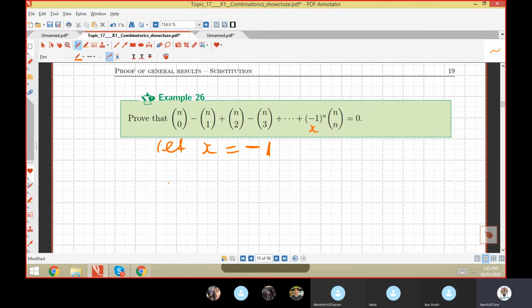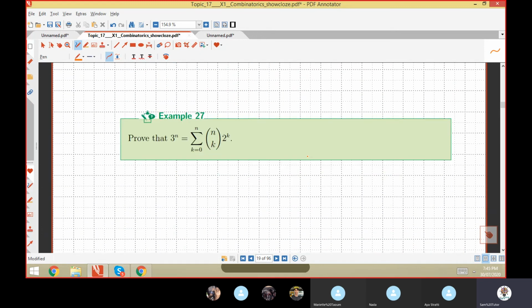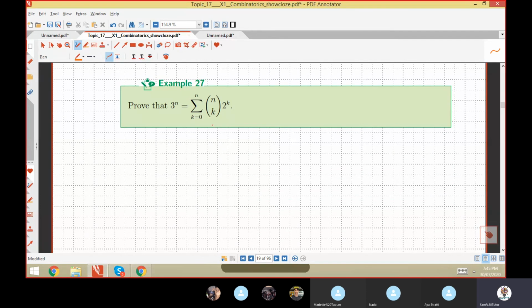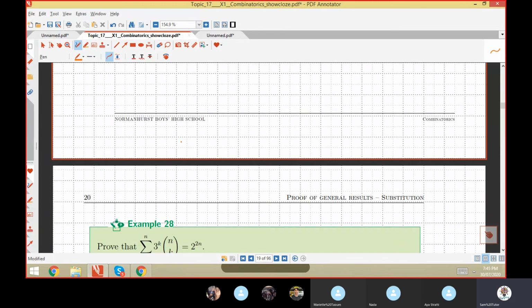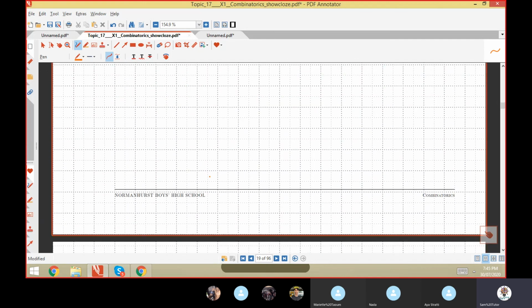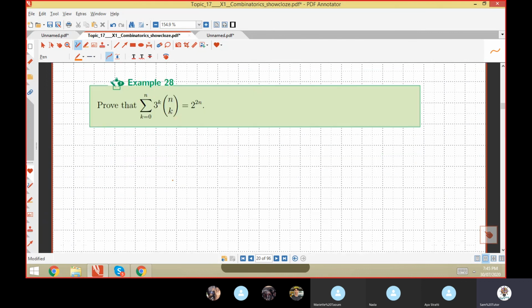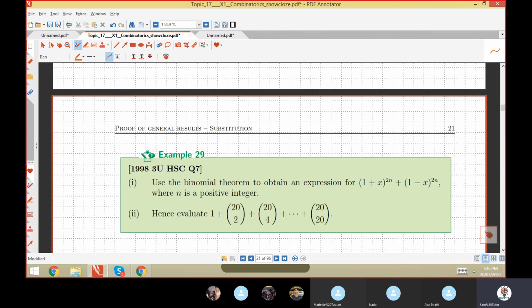And then when you let x equal to 1, 1 minus 1 is going to give you 0. Now when you let x equal to 2, 2 plus 1 is 3. A little bit different. That's what I'm trying to say. It's just a little bit different.